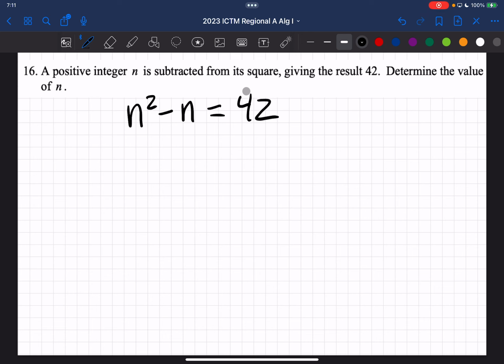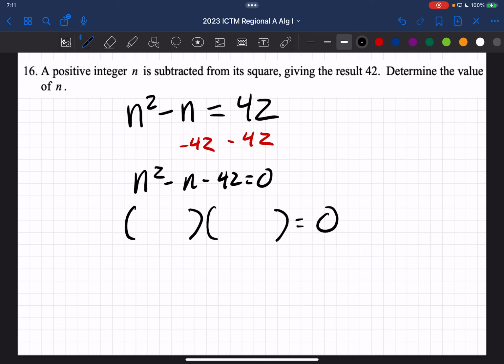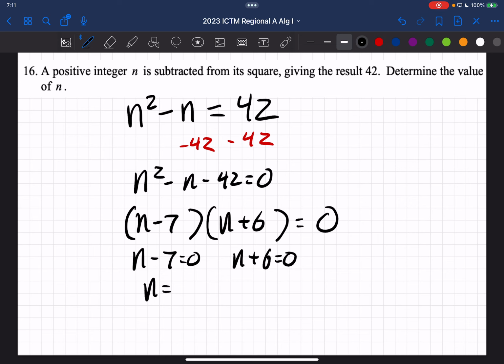To solve it, we're going to subtract 42 from the left side. n squared minus n minus 42 equals 0. So this will factor into n minus 7 and n plus 6. So that means either n minus 7 is 0 or n plus 6 is 0. So n is equal to 7 or n is equal to negative 6.